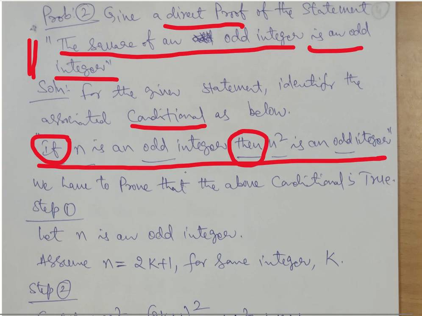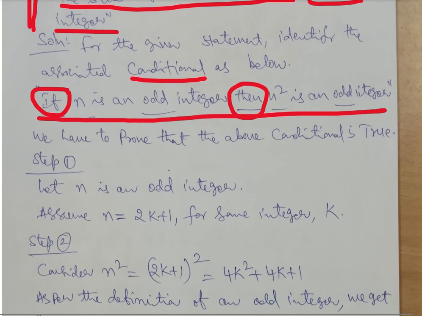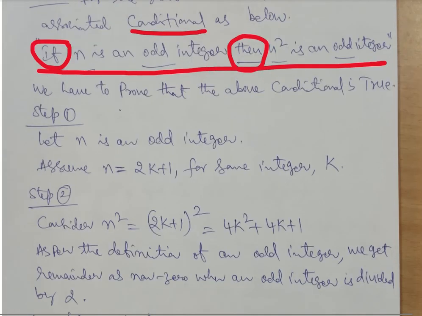Okay. Now, having said that, we have a 3-step process to follow. So step 1, assume that n is an odd integer. Mathematically we all know from high school, an odd integer is one which is 1 above an even number.